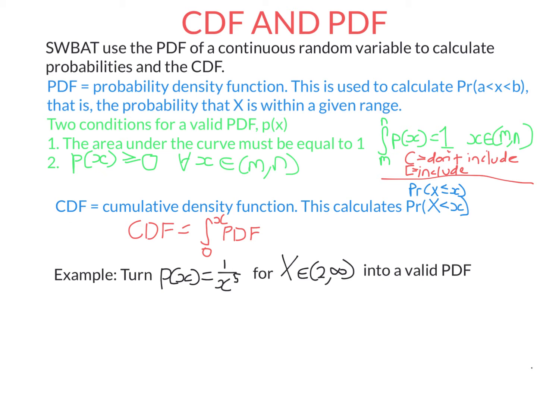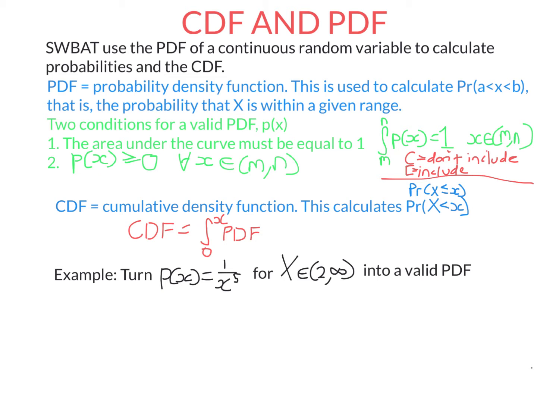The CDF, on the other hand, calculates the probability that the random variable is less than a certain value. Of course, these two things here will be the same because the probability x takes a certain value is 0. So there's a very close relationship between the two. If you integrate the PDF function from 0 to x, you have the CDF function.